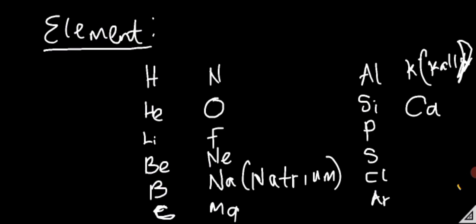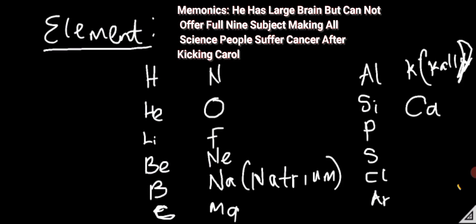Now, there is another way you can memorize this: He has large brain but cannot offer full 9 subjects, making all science people suffer cancer after kicking Carol.